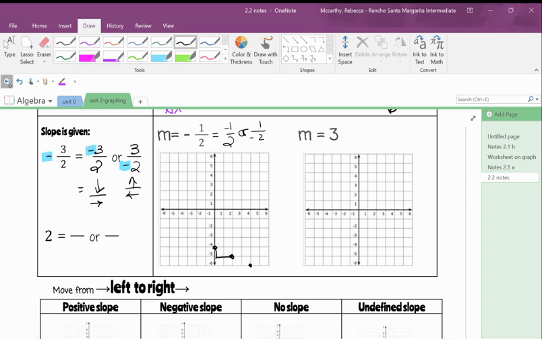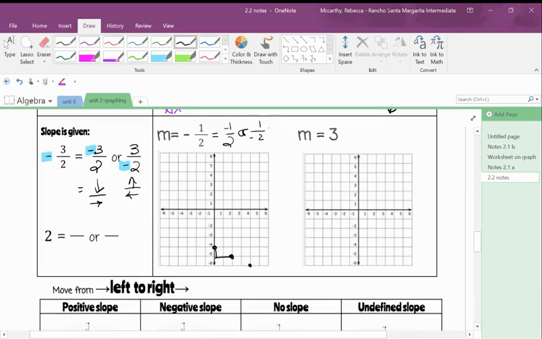Well, what if I use this one? That means I'm going to go up 1 and to the left 2. Well, it's up 1 to the left 2, up 1 to the left 2. Notice it's the same pattern that they're following. So this has a slope of -1/2. And then I'll connect it.